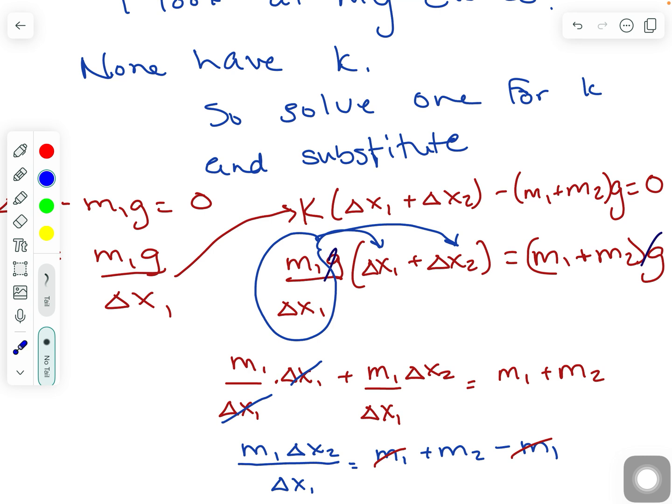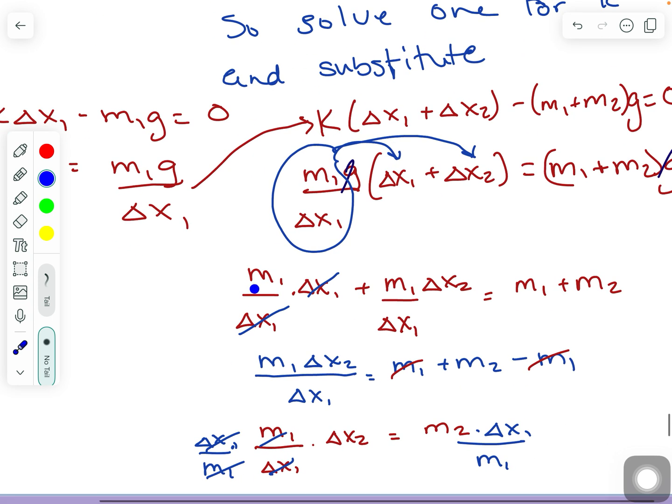All right, so I'm just going to go through what steps I did take, and hopefully you've tried this on your own at this point. So now I've put this in, m1g over delta x1, into K. And so instead of K, I have m1g over delta x1. My G's did cancel on the side, as I just stated. Then I'm going to distribute this m1 over delta x1 into my quantity of delta x1 plus delta x2.